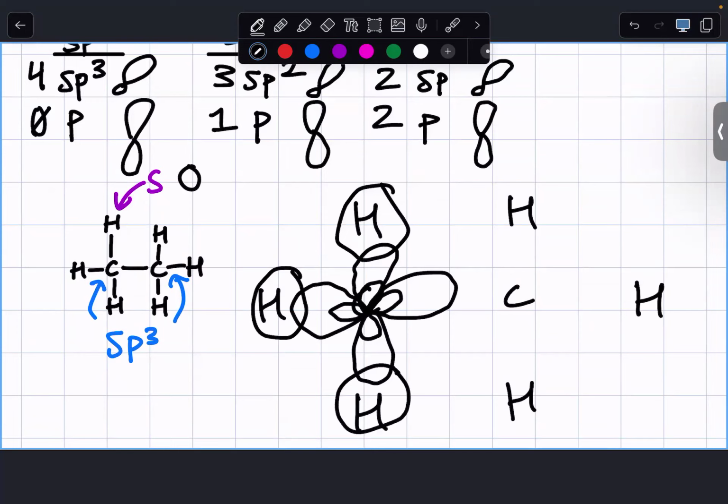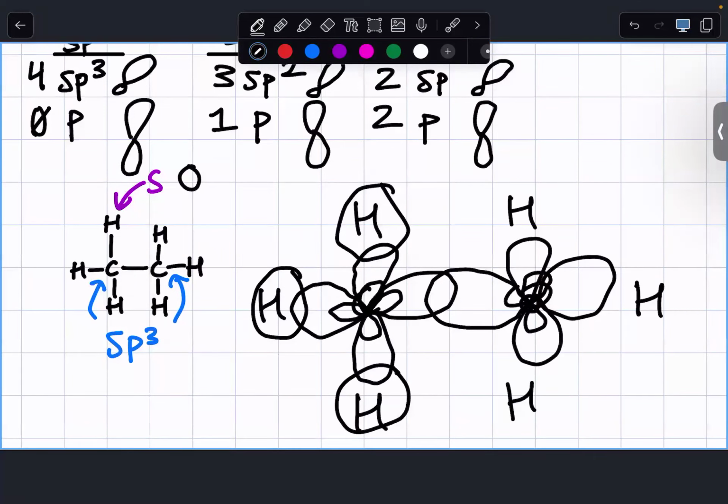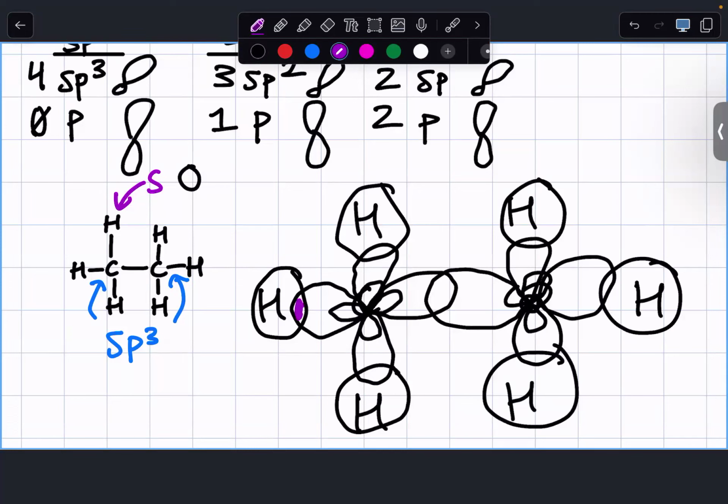Okay, let's draw the same thing for the other carbon. Those 4 sp3 orbitals like this: 1, 2, 3, and 4. And those 4 unhybridized s orbitals like that. These direct end-to-end overlaps between the orbitals are the sigma bonds.